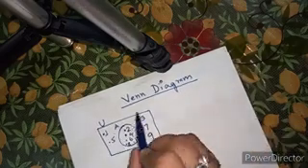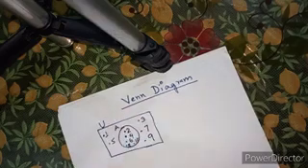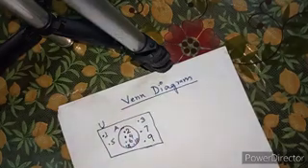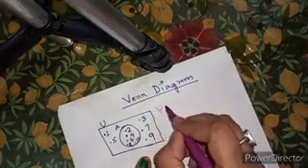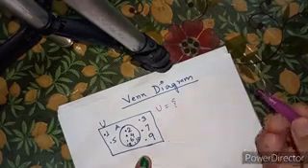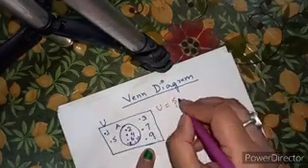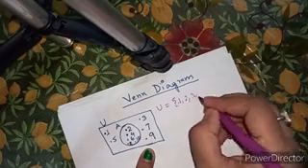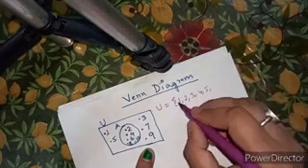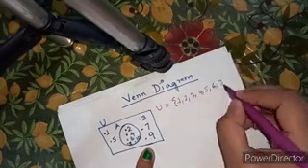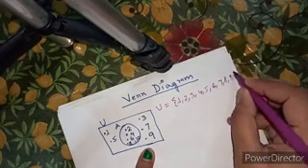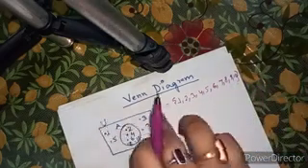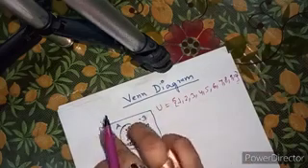Okay. Now, to understand this Venn diagram, if I ask you to write the elements inside this universal set U, then you have to include all the numbers from 1 to 10, because all the numbers are inside this universal set.